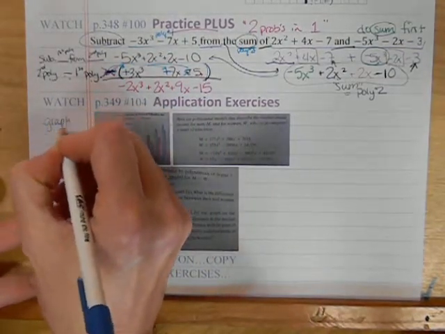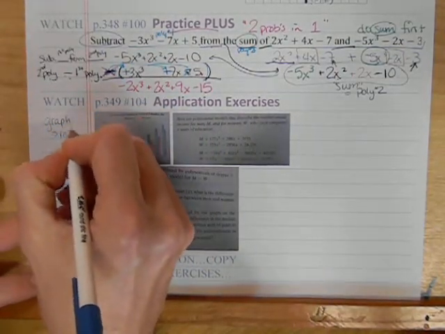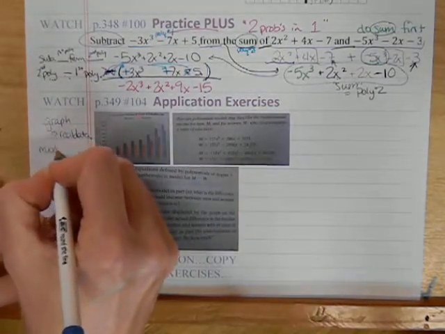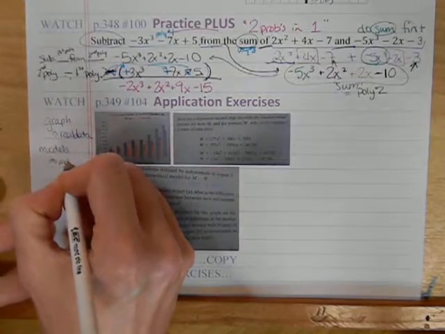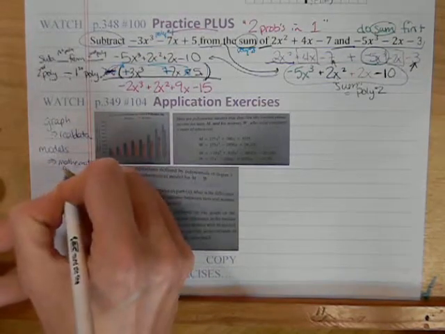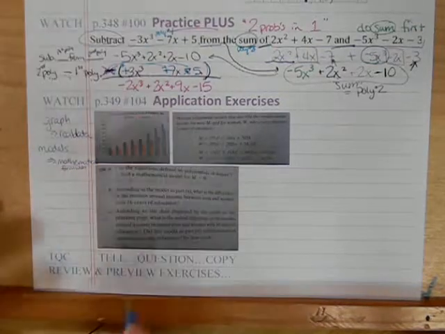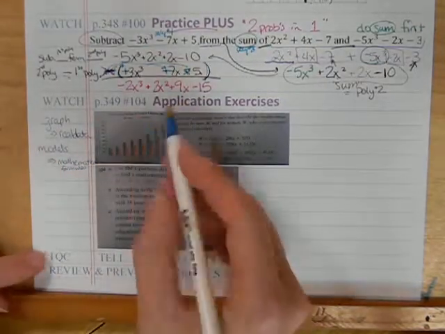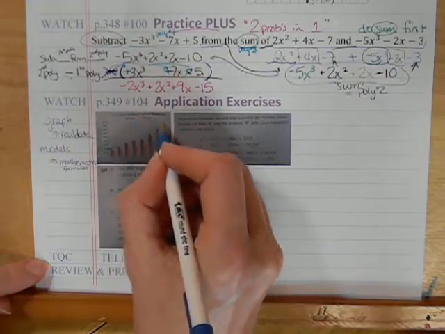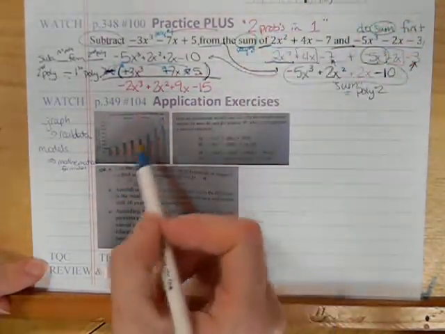The graph would be representing the real data, the real measurements that they took. The models are the mathematical formulas that basically approximate what the data indicates. You can see the growth kind of headed up like this, kind of feels like the parabola we saw earlier.